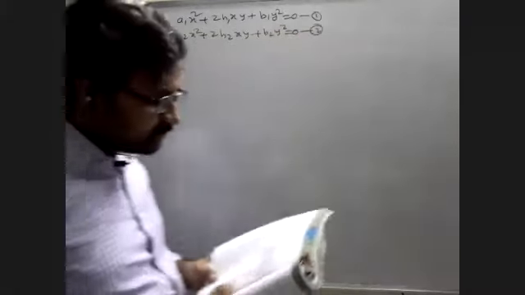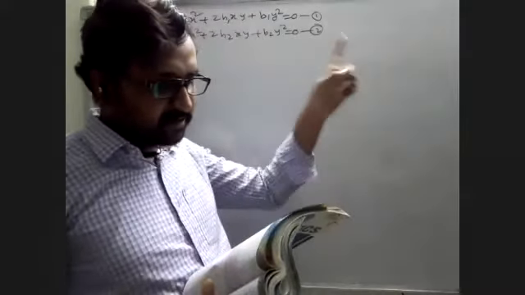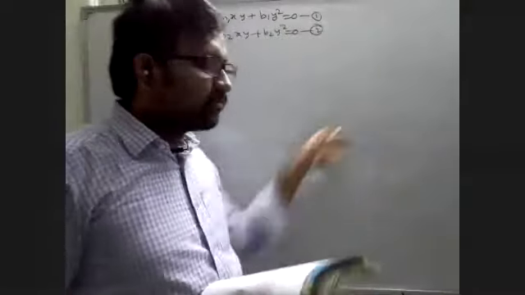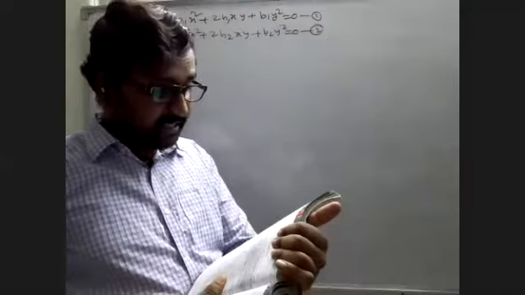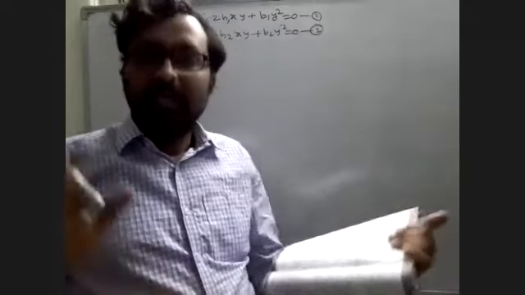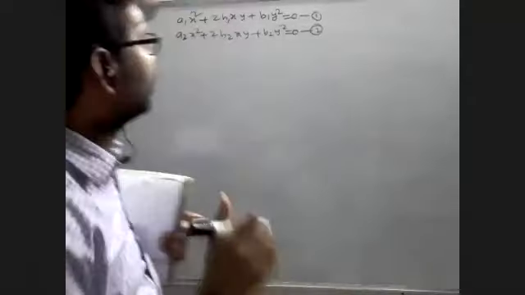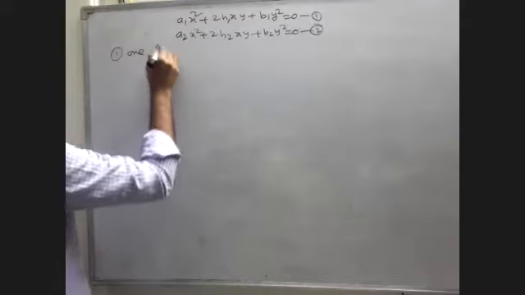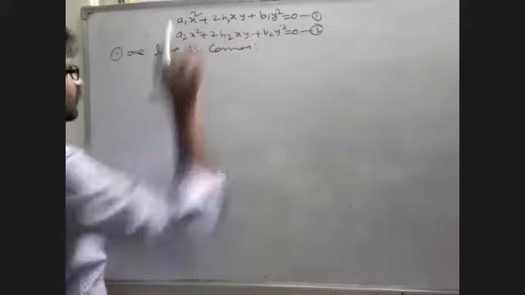Now, first condition: if these two pairs of lines have one line in common, it's simple. For two pairs of lines, if one line is common, there is no condition of perpendicular or parallel like that. Then the condition is what?